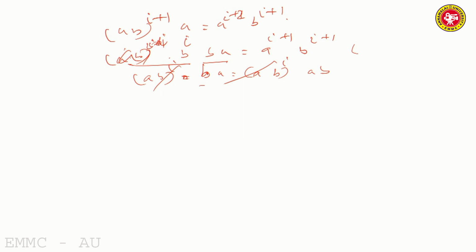This we have to cancel, but the remaining thing is ab = ba. So this is an abelian group or commutative group.